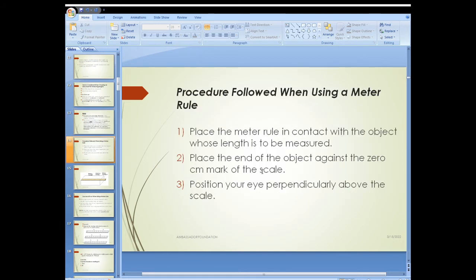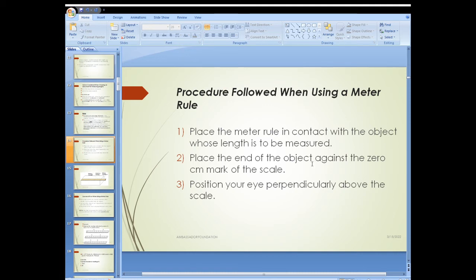Now, I want us to look at the procedure when using a meter rule, then the errors obtained when using a meter rule. The first procedure is you place the meter rule in contact with the object whose length is to be measured. You ensure they are in contact with each other. Place the end of the object against the 0 centimeter mark of the scale.